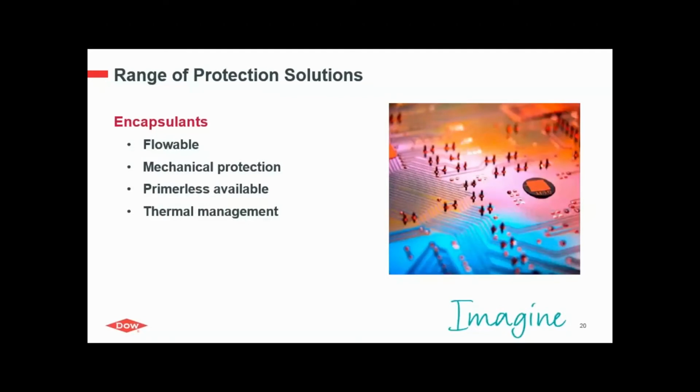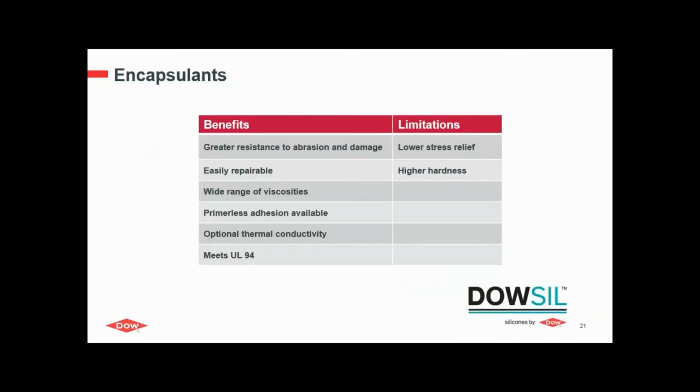Okay, so as we saw, the gels have some limitations regarding the big CTE or the low mechanical resistance, and one of the alternatives to those products are the encapsulants. The encapsulants have higher hardness, so they have a greater resistance to abrasion and damage. They have the same properties as the gels. They are easily repairable, and they are also available in a wide range of viscosity.